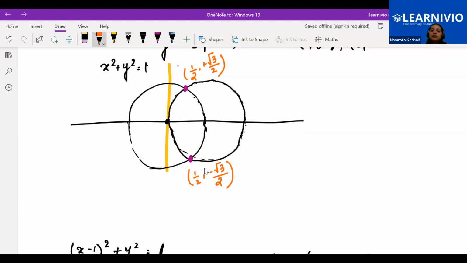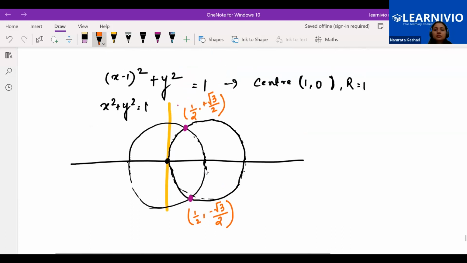Can you see the point of intersection? Now here we have to find the area bounded by both the curves. Will you be able to annotate which area exactly we have to find over here?